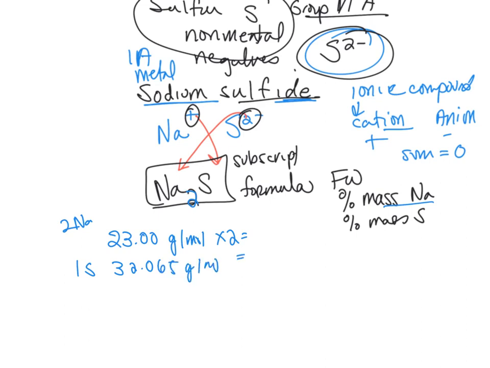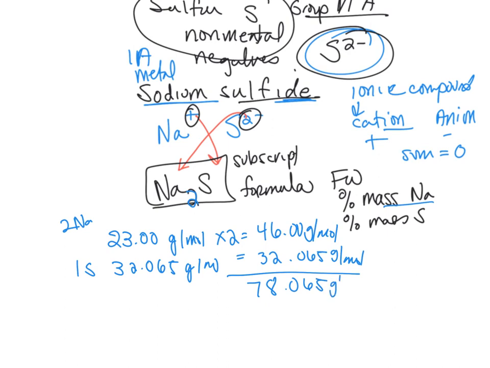And so I do 2 times 23. That's 46.00 grams per mole for sodium. And so 46.00 plus 32.065, that's going to sum to 78.065 grams per mole.